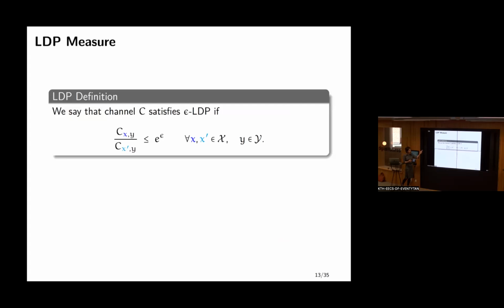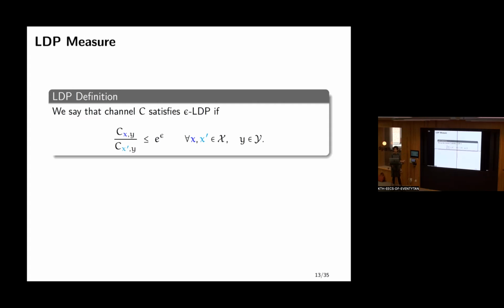If for every pair x and x dash and for every y it is upper bounded by e to the epsilon, then you say that this channel is epsilon locally differentially private. Okay, so that is the definition, an upper bound.